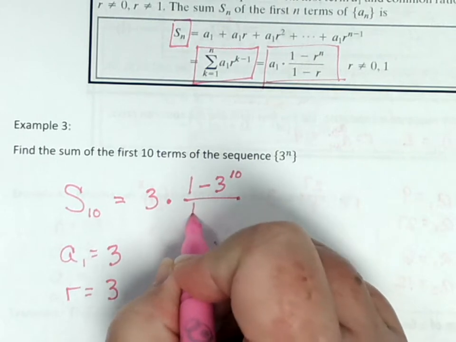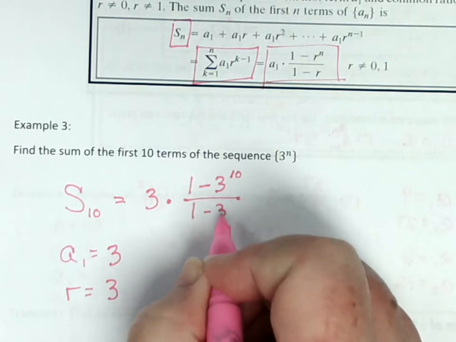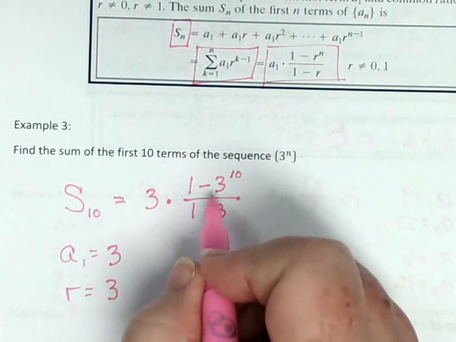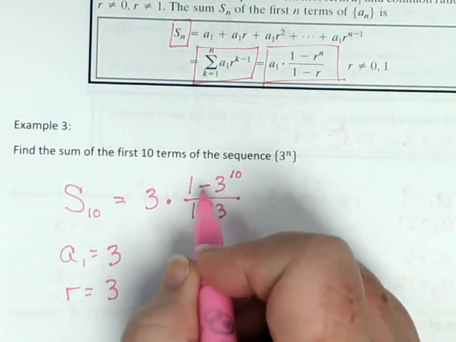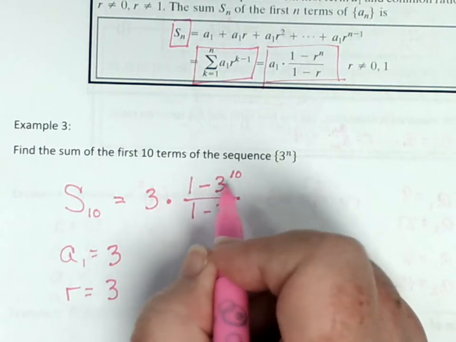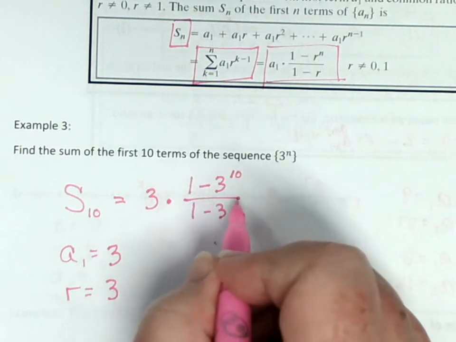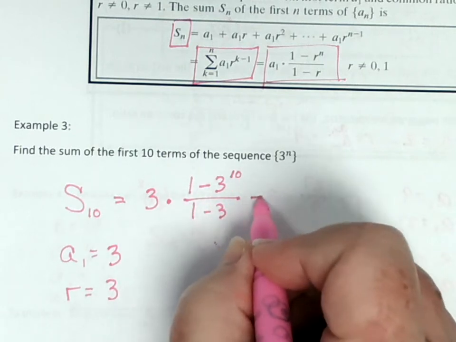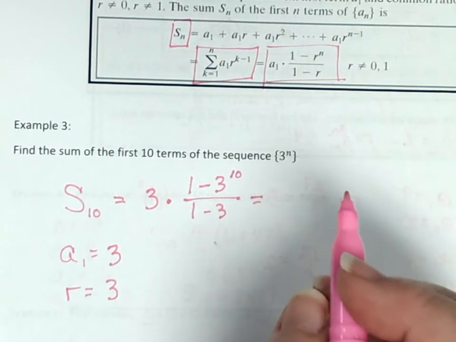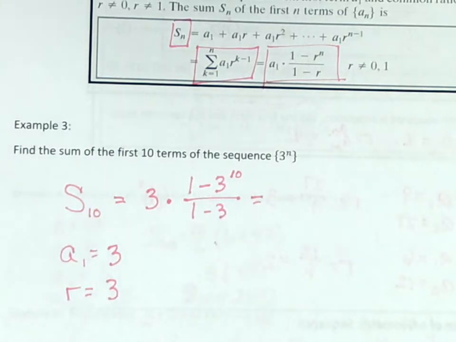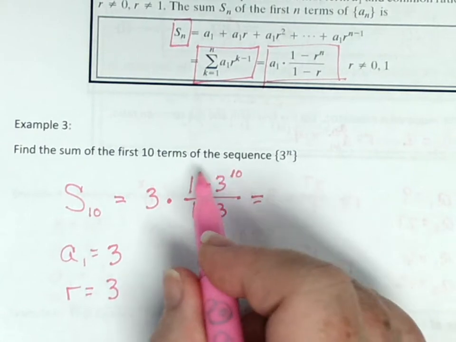Divided by 1 minus 3. So we've got 3 times 1 minus 3 to the 10th. Now this is not 2 to the 10th or even negative 2 to the 10th. It's 3 to the 10th, and we're going to subtract that from 1 all over 1 minus 3. Now, at that point, I would absolutely pick up my calculator, type in the value exactly as it looks right here.